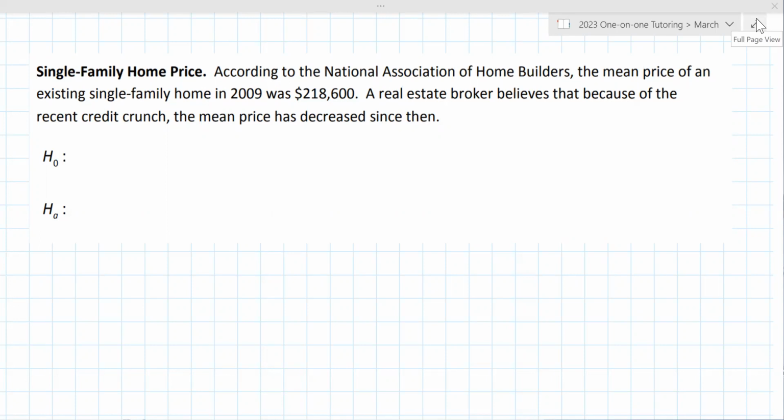How are you doing on this one? The alternative one is, what is that symbol called for the sample mean?